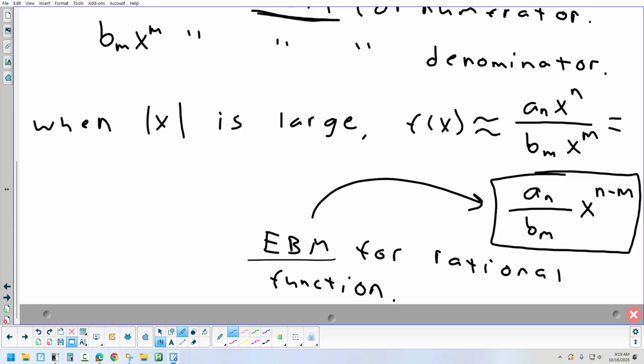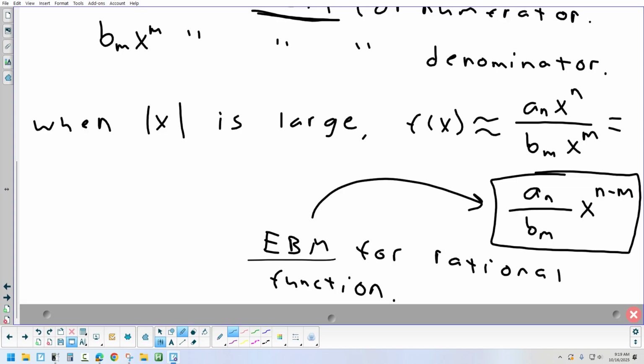When you look at the edges of your graph, what is x approaching? Infinity or negative infinity. And what kind of asymptote do we figure out by letting x equal infinity or negative infinity? Vertical? Nope, that's the zeros of the denominator.